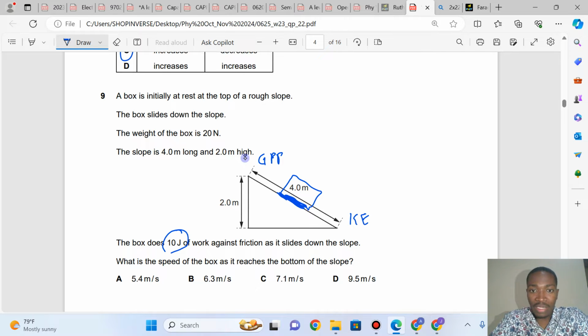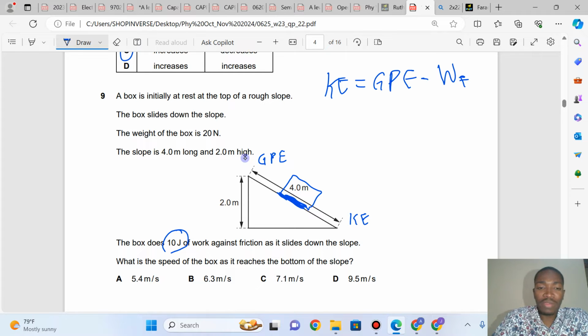Now take note that the kinetic energy at the bottom of the slope equals the gravitational potential energy at the top, minus the work done against friction. So how do you get the kinetic energy? The formula for kinetic energy is half mv squared.